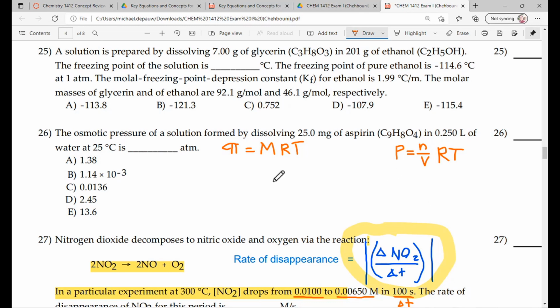To solve for the osmotic pressure, all we have to do is calculate the molarity and then use RT. Since it's in atm, what is the value of R going to have to be? Very good, 0.08206 liter atm per kelvin mole.